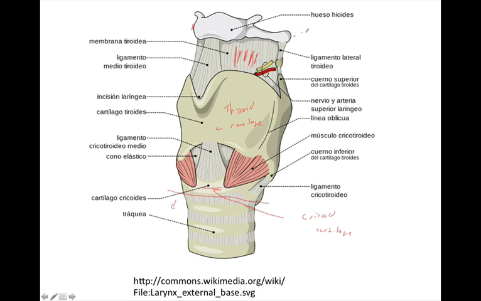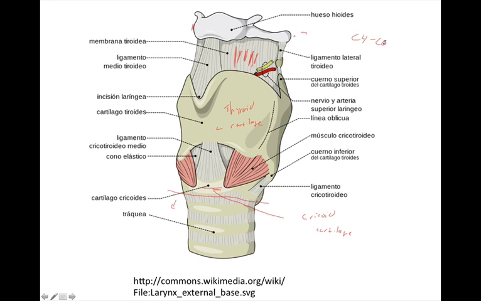Knowing that this extends from the hyoid bone down to the cricoid cartilage. The larynx itself really isn't that long anyway. It basically extends from about your C4 to C6, your fourth cervical vertebra to your sixth cervical vertebra, which is only a couple of inches. So it's not that big.